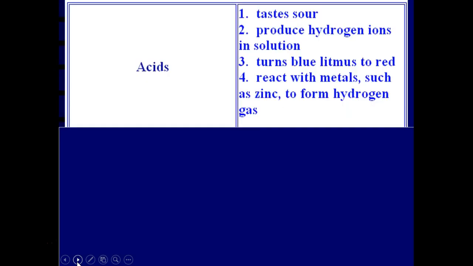Now, acids have some physical characteristics. They're found in a lot of substances. In fact, a lot of our diet has acidic components to it. The one thing that is characteristic of acids is that they taste sour. On our tongues, we have a special little receptor that detects hydrogen ions.